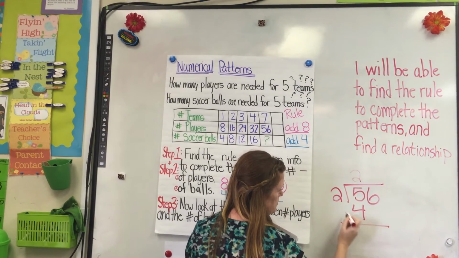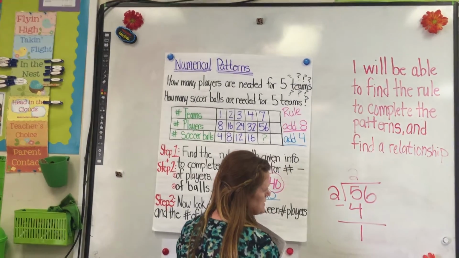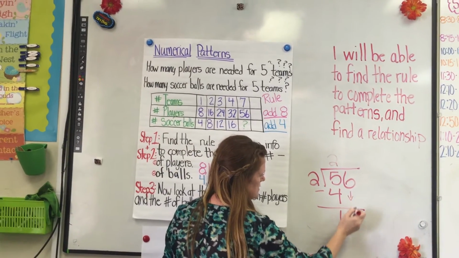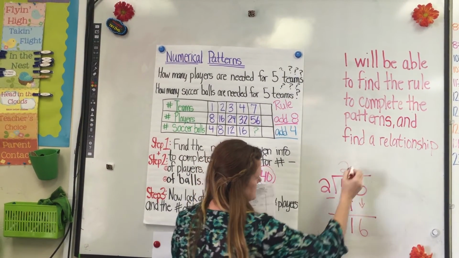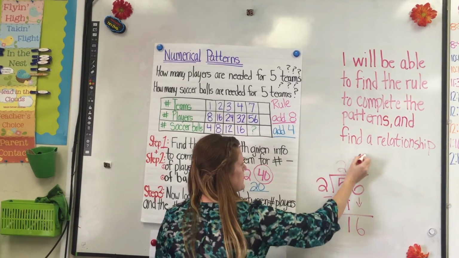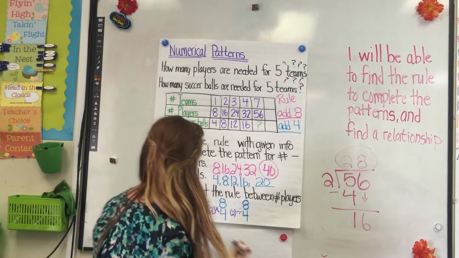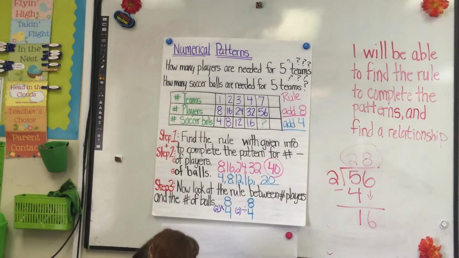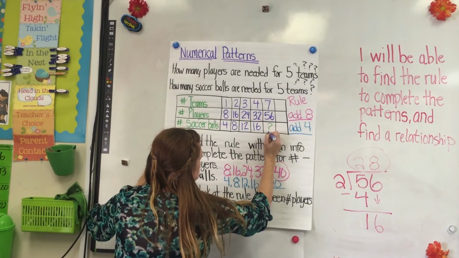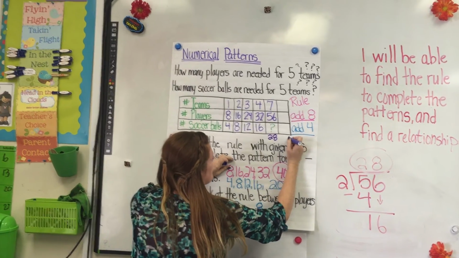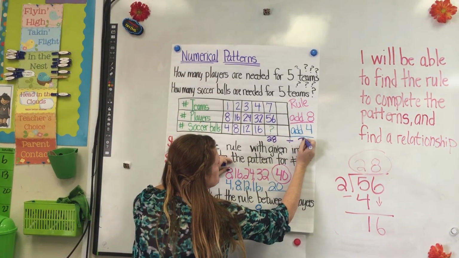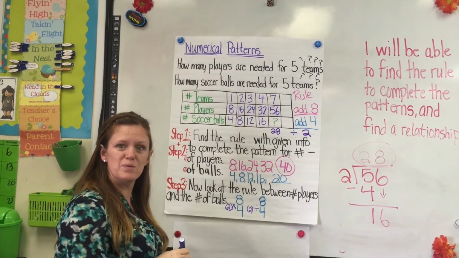I have 5 minus 4, 1 is my difference. Bring down my 6. Oh, well, I know that 2 goes into 16 8 times. So my answer is 28. So that's my missing number, 28. And so my rule is I divided by 2. That would be my rule.